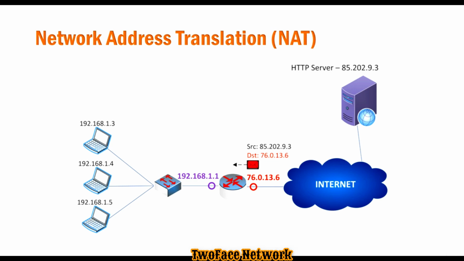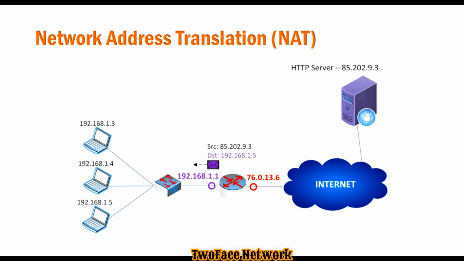So once that response reaches the public interface on the router, the IP parameters are still the same. It's only when the packet actually goes through the router that it's NATed back into the private IP address. So, whoops, I went back.